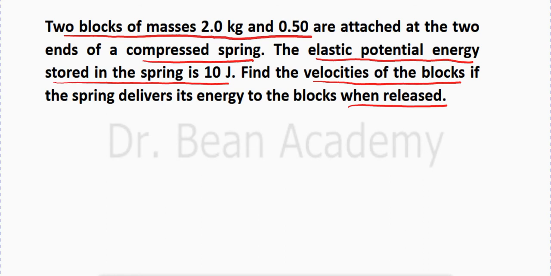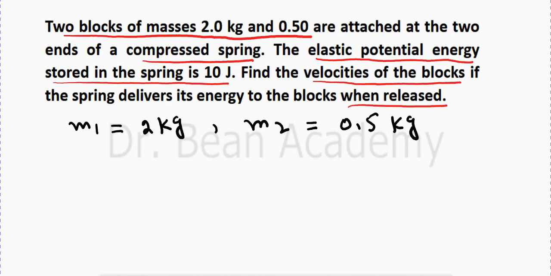Let me write down the data. I assume m1 equals 2 kg and m2 is 0.5 kg. The initial velocity is v1 before the event.